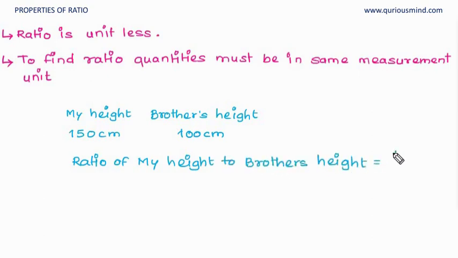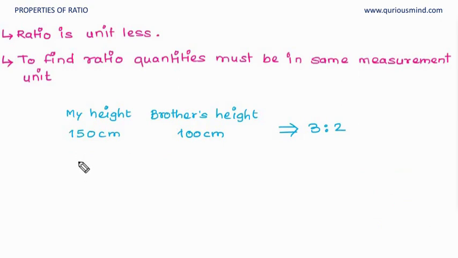I'll have to put it in fraction format. 150 centimeter divided by 100 centimeter. Centimeter will get cancelled. 50 2s are 100, 50 3s are 150. So this will give me 3/2, the lowest form. And hence the ratio is 3:2. So the ratio of my height to my brother's height is 3:2.